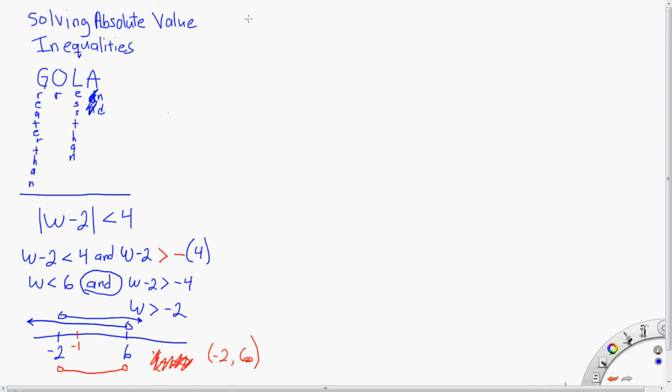Take a look at this one. The absolute value of 3r plus 10 is less than or equal to 4. So we're going to have 3r plus 10 less than or equal to 4. And then 3r plus 10 was less than or equal, so it's now greater than or equal.